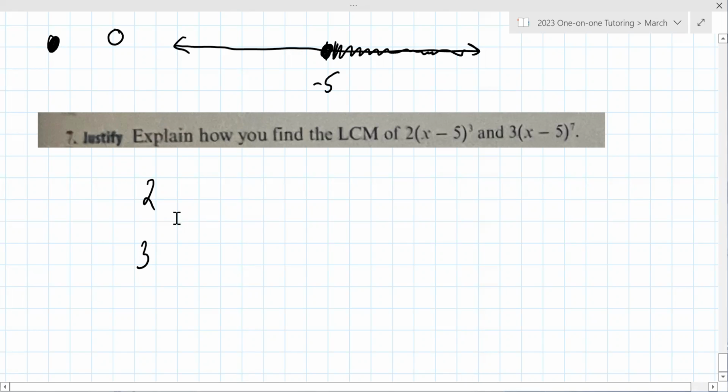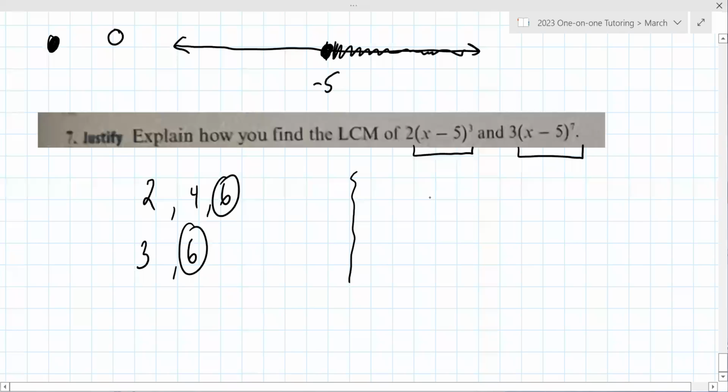Well, if it was 2 and 3, then just seeing the multiples, like 6. Right, do you agree that it's 6? Yes. Okay, and that's the number part. Now we're looking at cubed and 7th. It's kind of the same idea, but you don't want to be writing them out.